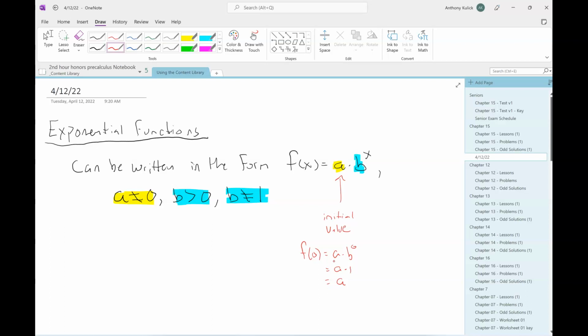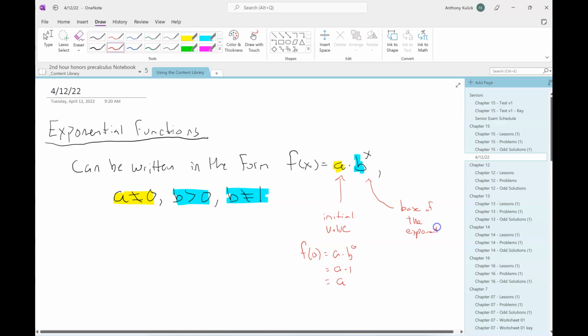And we know that b can never be 0 because in an exponential function, b is always greater than 0. So it can't be 0. You know what I mean? And then we call the b value the base of our exponential. So just a little bit of vocab there.